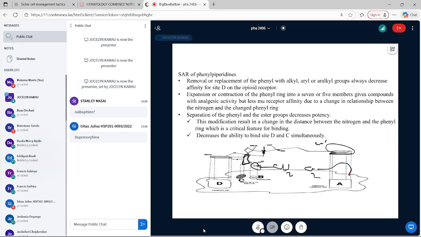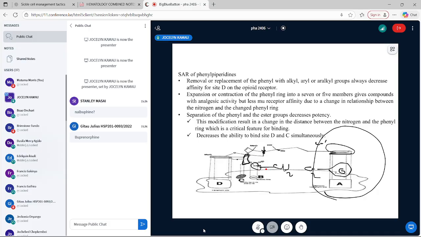Like that. So even when we have a very large group at position number 17, like we have talked about phenazocine, as we have talked about ethyl phenyl morphine, this large group at either position 17 or position 7, they allow that molecule to have other interactions that other molecules with small groups are not able to undergo.